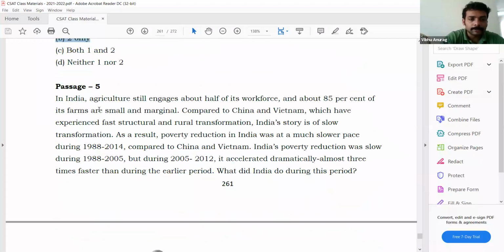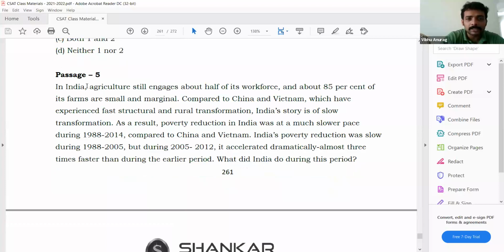Then passage 5. In India, agriculture still engages about half of its workforce, and about 85% of its farms are small and marginal. So this is the condition in India. Compared to China and Vietnam, which have experienced fast structural and rural transformation, India's story is of slow transformation.